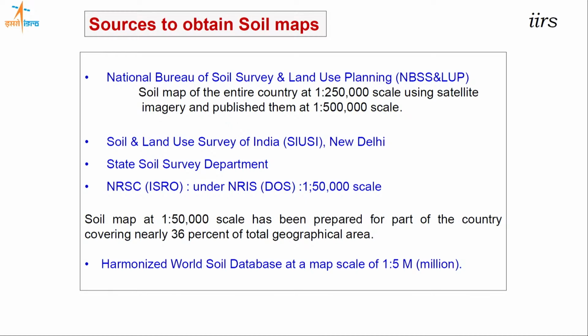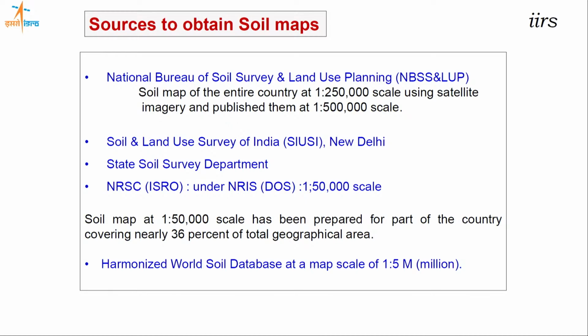Also the National Remote Sensing Center, ISRO, has generated soil maps at 1 to 50,000 scale of some districts, prepared for parts of the country.